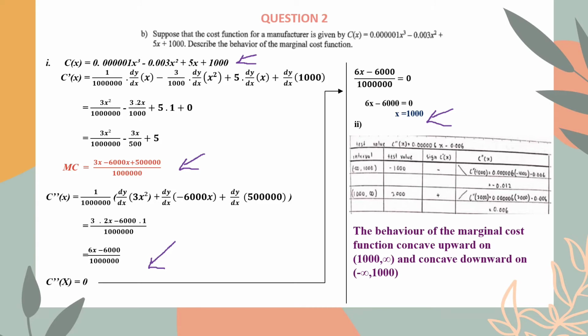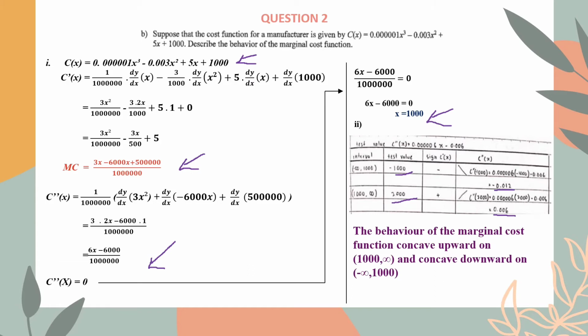Let's say we plug in a number greater than 1000, which is 2000, and the second derivative will be a positive number, which is 0.006. If we plug in a number less than 1000, which is −1000, the second derivative will be a negative number, which is −0.012.